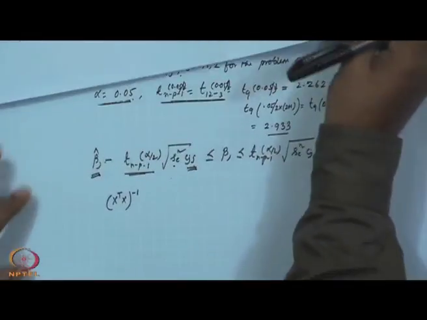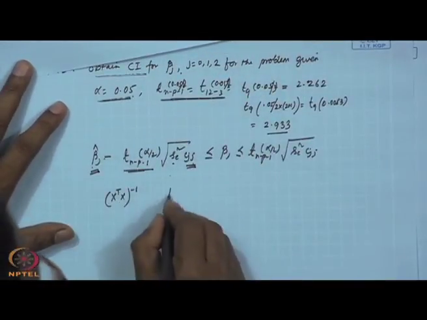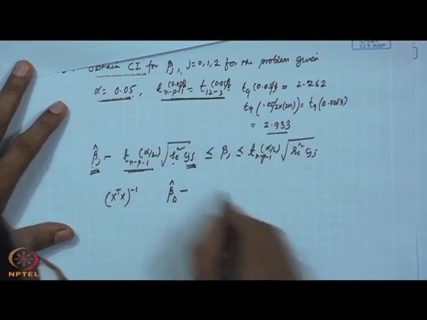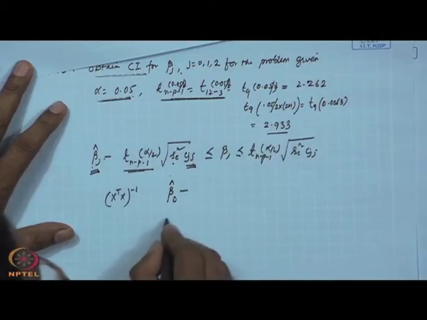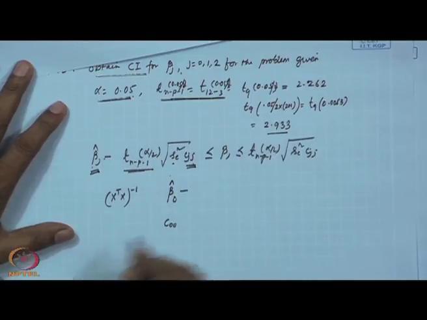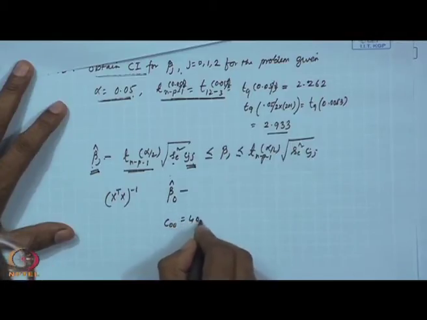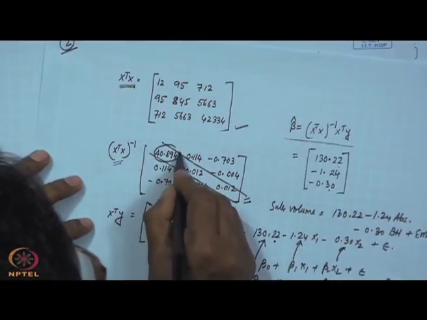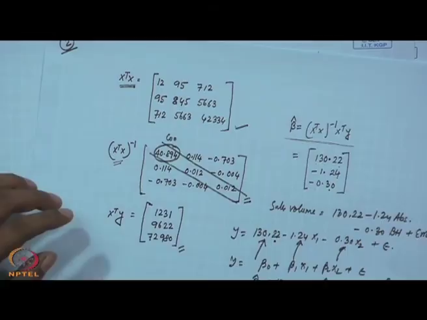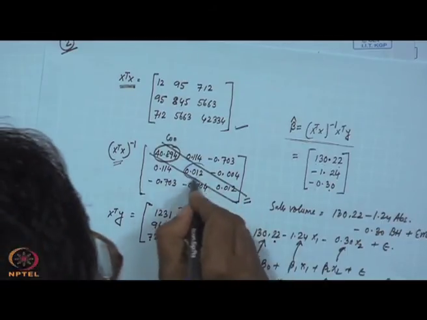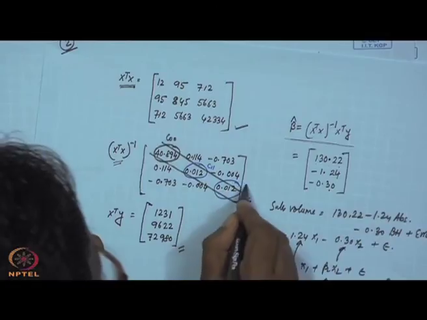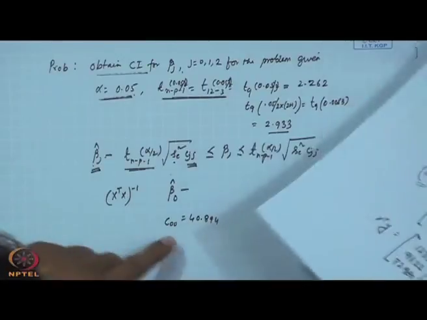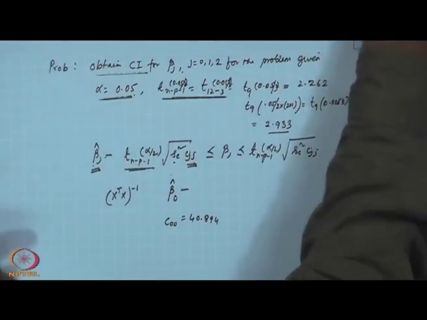So, for beta 0, C00 will be taken. C00 is 40.894. This is our C00. The second one will be your C11, third one will be your C22.